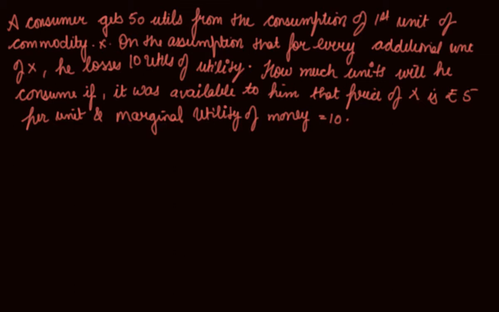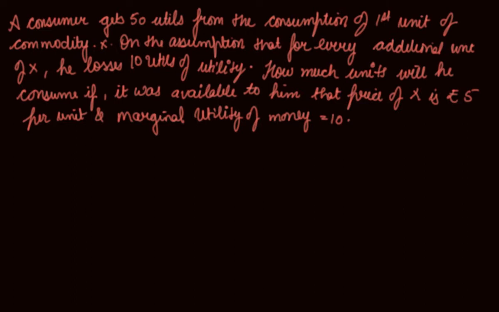See, in this video we have a question from your second unit, that is consumer equilibrium and demand. This is the question. A consumer gets 50 utils from the consumption of first unit of commodity. On the assumption that for every additional unit of X, he loses 10 utils of utility.